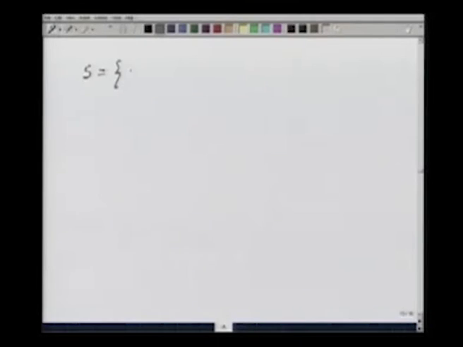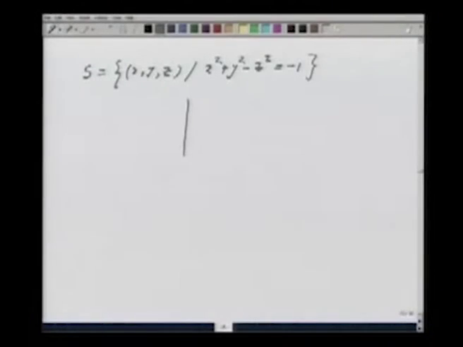Let us look at this surface. So S equal to all x, y, z such that x square plus y square minus z square equal to minus 1. Okay. So what is the surface then? I can try to draw this. This is actually a two-sheeted hyperboloid.